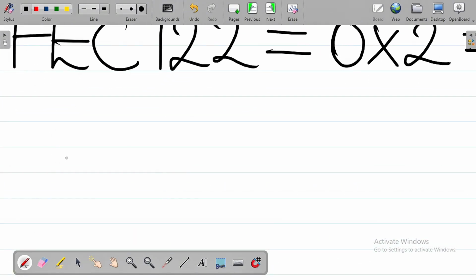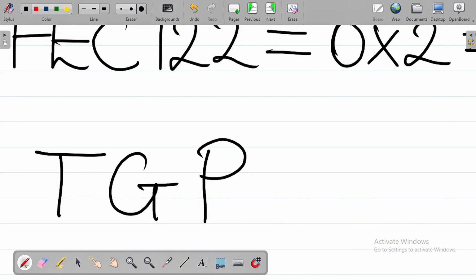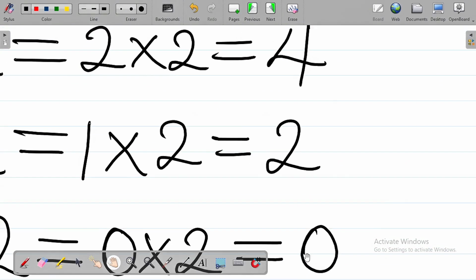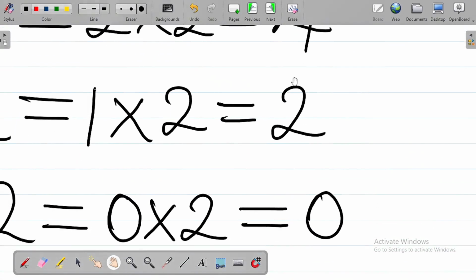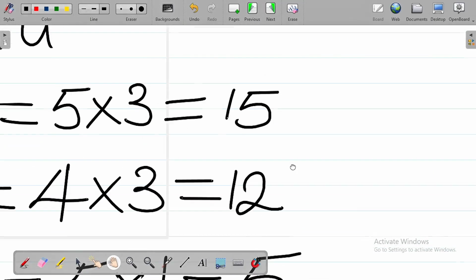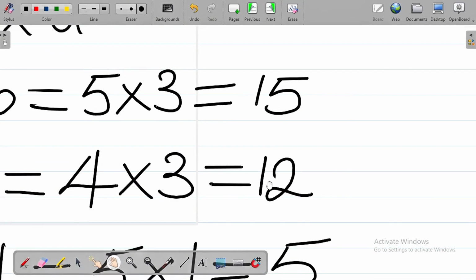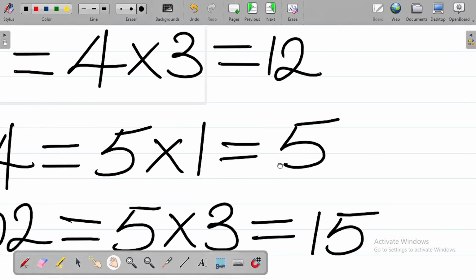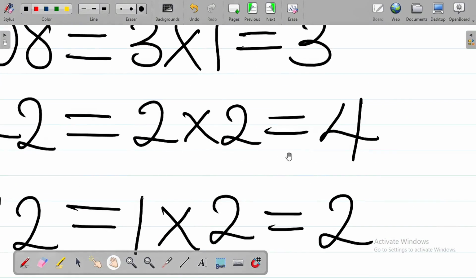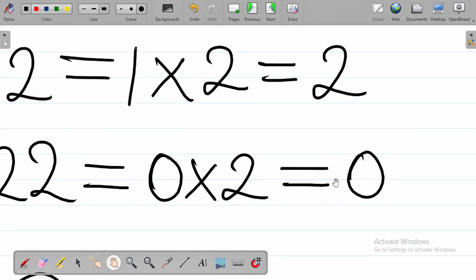All right, our next task is to get the total grade point, TGP. TGP simply means total grade points. So we are going to sum up all the values that we've got. We have 15, 12, 5. So 15 plus 12 plus 5 plus 15 plus 3 plus 4 plus 2 and then plus 0.